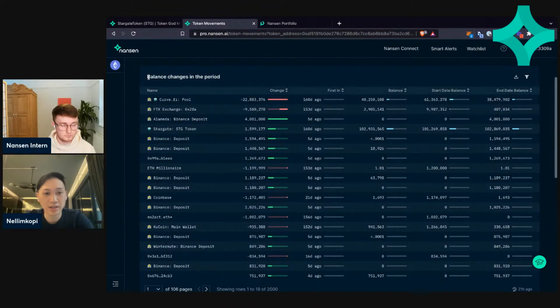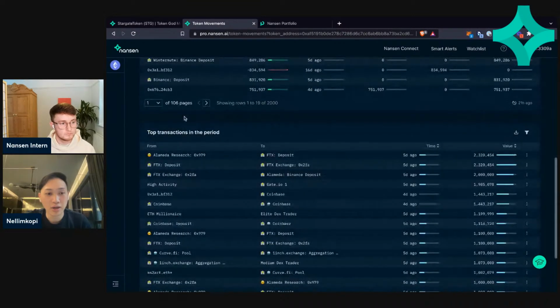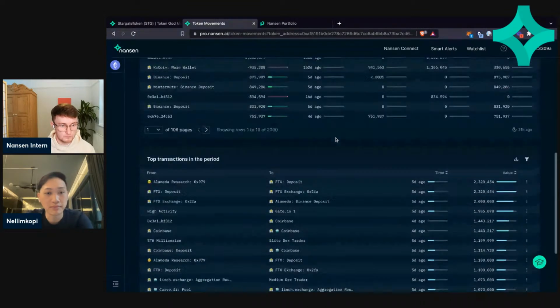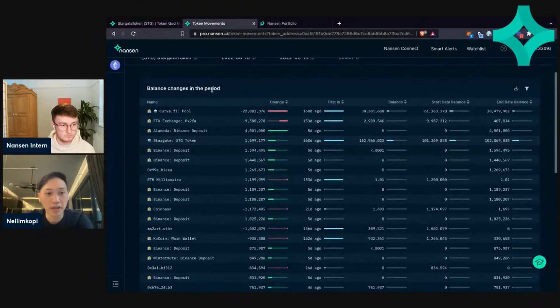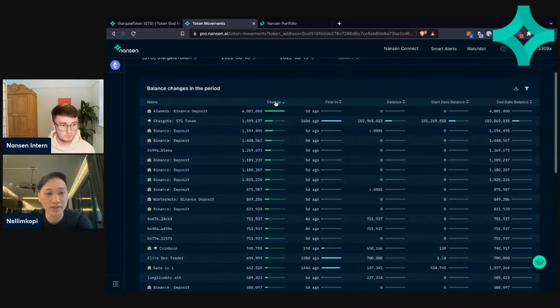Balance change shows you which wallets or contracts received or sent out the most of the STG token for this particular period. Top transactions shows you who has been sending or receiving the most of this token in one specific transaction. If we go back to balance change, I can sort this by positive change and see who has been accumulating during these 2 days.